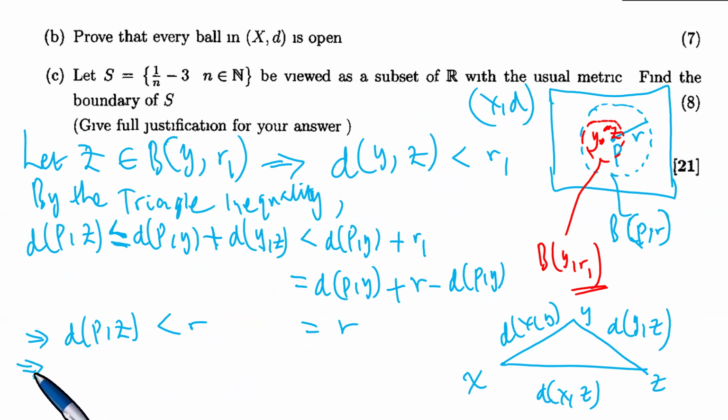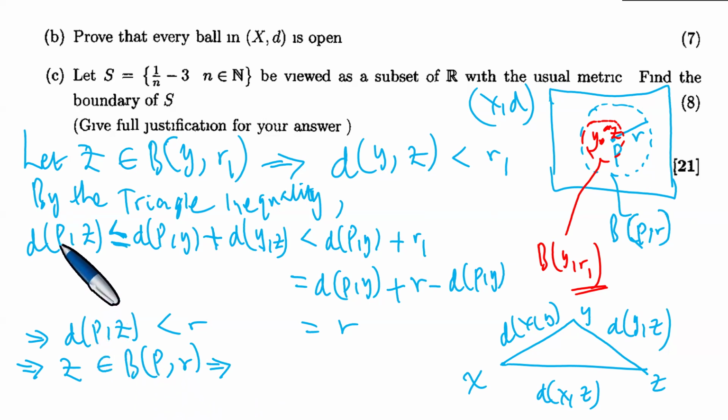Which means what? Which means Z is an element of the open ball of center P and radius R. Okay, we analyze what this means.